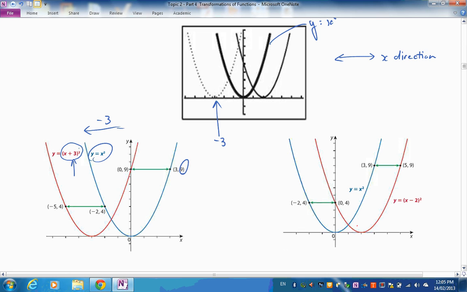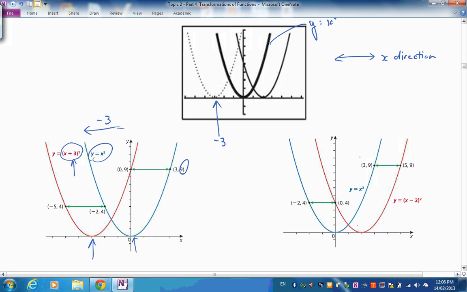Well, that's going to give us a different value altogether, and we're going to be over here at x is -3 for the vertex instead of at 0. So the graph is going to actually shift backwards if we are going to add 3 to the x value before we square it. So it's going to move to the left.